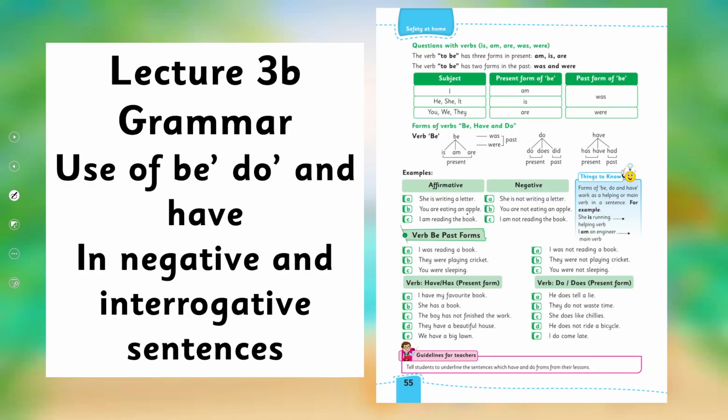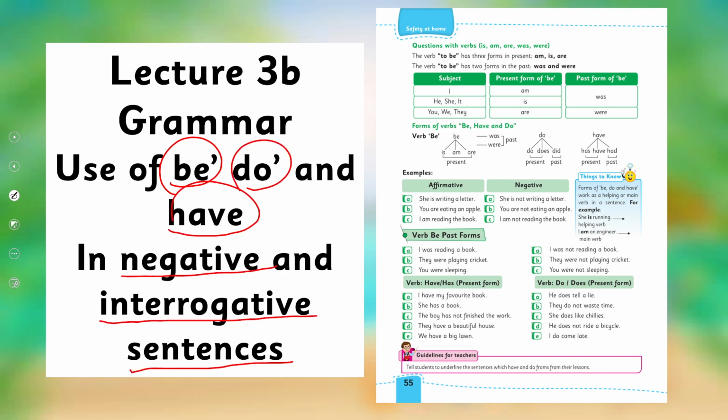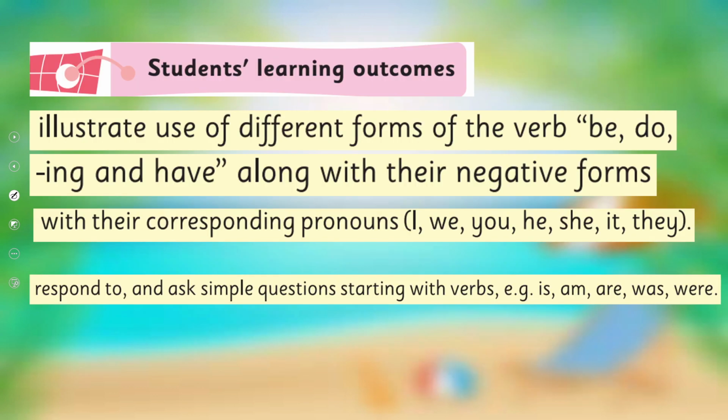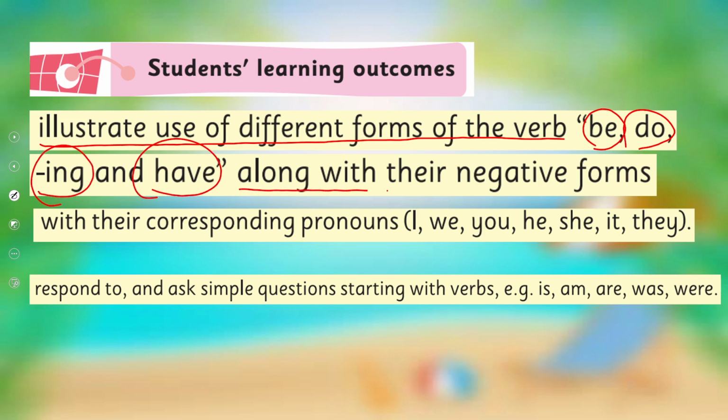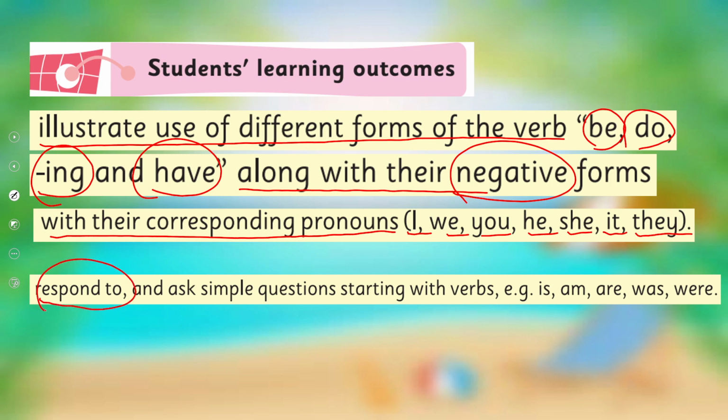Lecture 3B will continue the concept of use of be, do, and have in negative and interrogative sentences, and we'll cover the SLO to illustrate use of different forms of verb be, do, and have along with their negative forms with their corresponding pronouns I, we, you, he, she, it, they, and respond to and ask simple questions starting with verbs is, am, are, was, were.